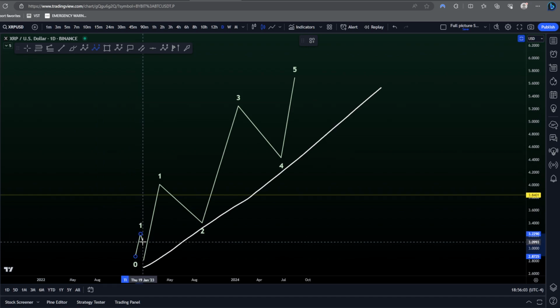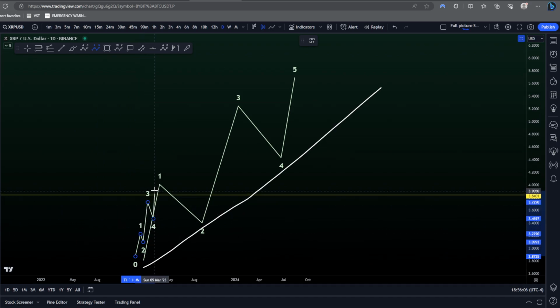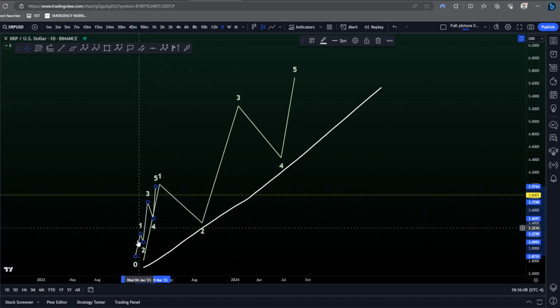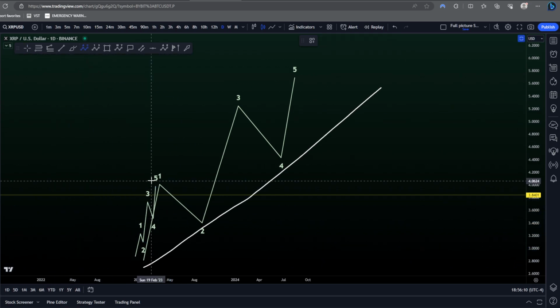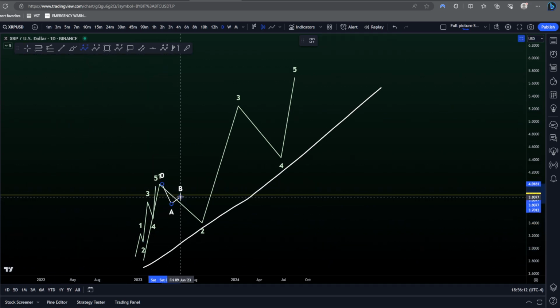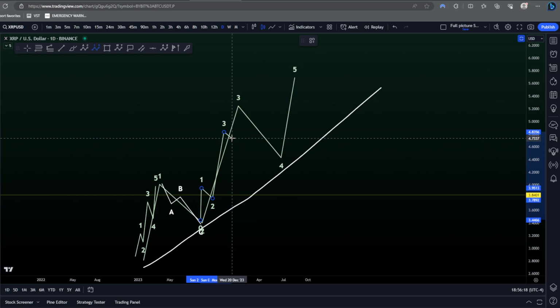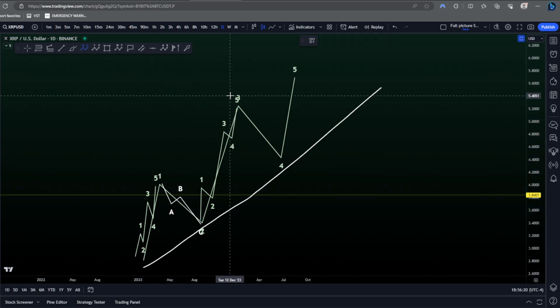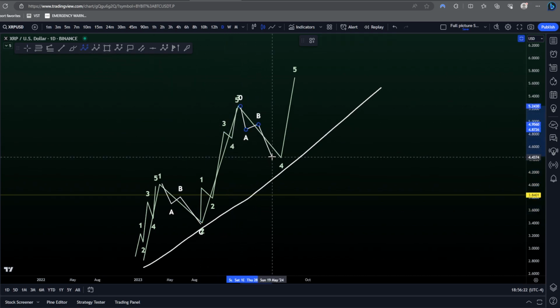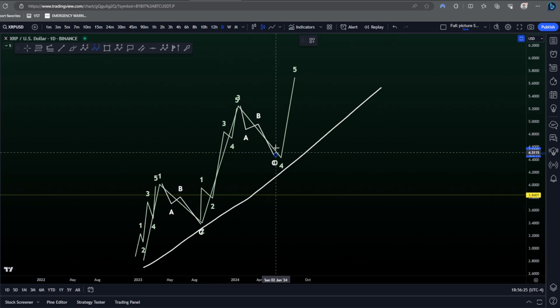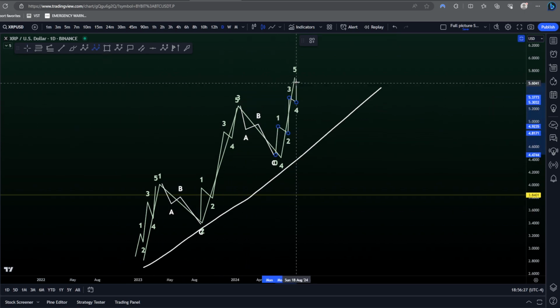You will have 1, 2, 3, 4, 5, an impulsive wave there, going by the same rules. And then you will have a correction here. You will have an impulsive wave here. You will have a correction here. You will have an impulsive wave to finish. Okay?